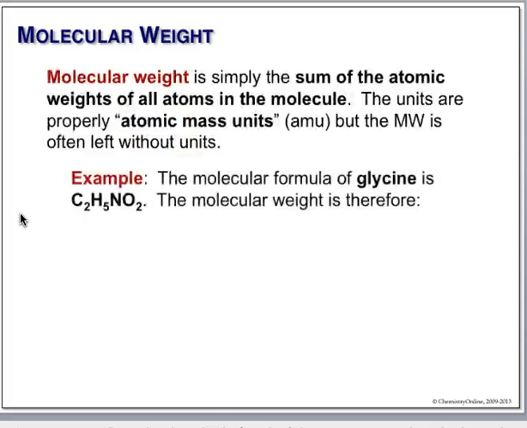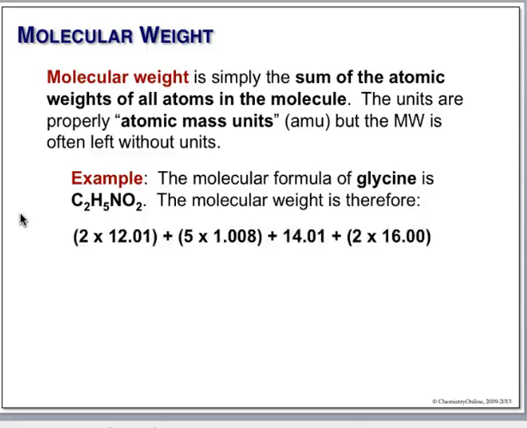For glycine, the molecular formula is C2H5NO2. Now, if we wanted to get the molecular weight of glycine, again, we would go to the periodic table. Carbon weighs 12, hydrogen's 1, nitrogen 14, oxygen 16 each. And we would write it out like this.